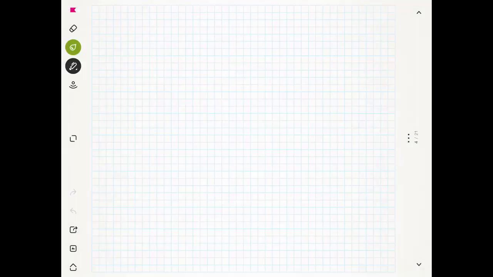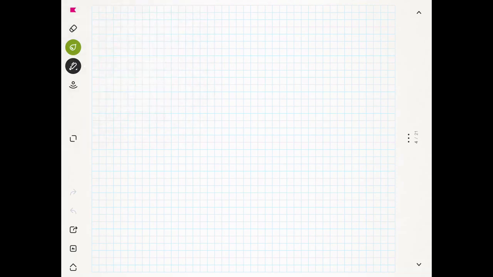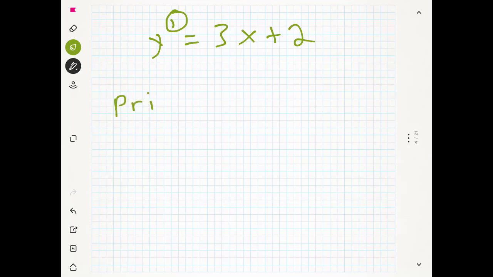So let me show you what I mean. For example, if I want to show that this is the derivative of a function, I can use the Lagrange notation and write y prime equals, for example, 3x plus 2. This thing is actually not an apostrophe. It looks similar to it, but it's called a prime.